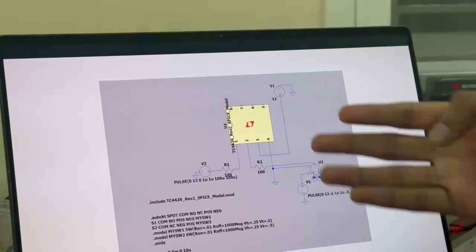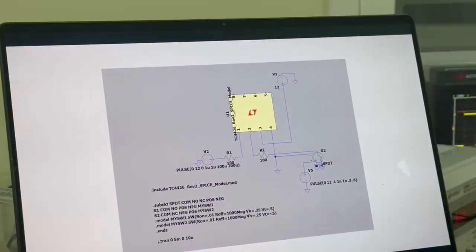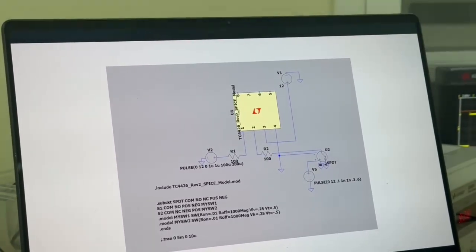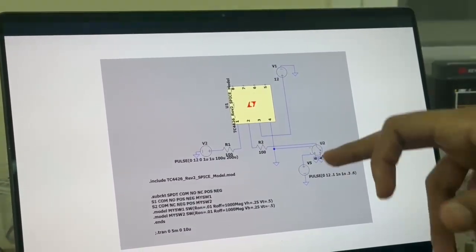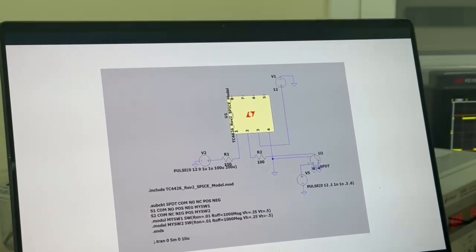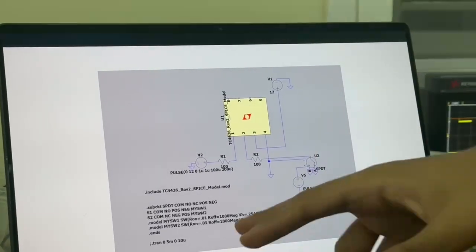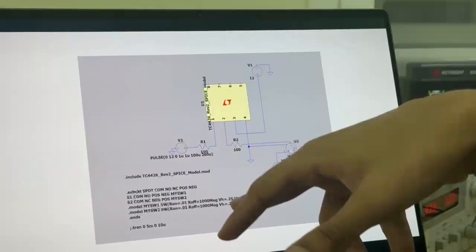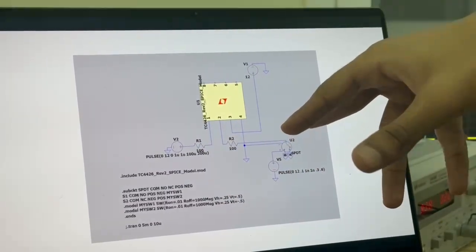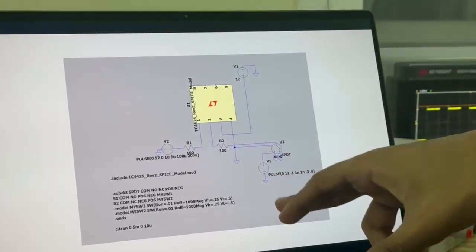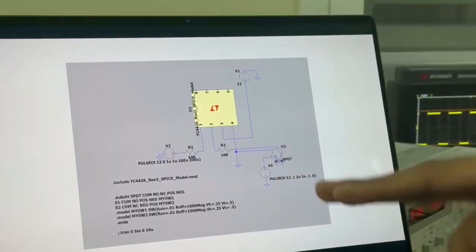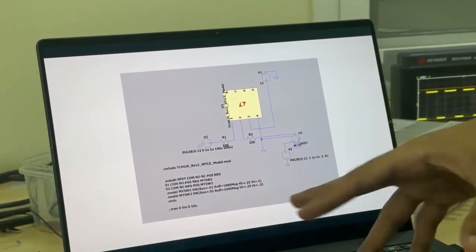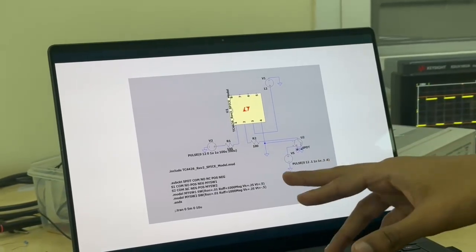We added a block, and this SPTT switch is nowhere in LTspice, so we made our own symbol for it, and this is the code for it. It turns on and off based on whatever input wave is going into the plus side of the SPTT switch. This was the most difficult part. The IC we have used directly.